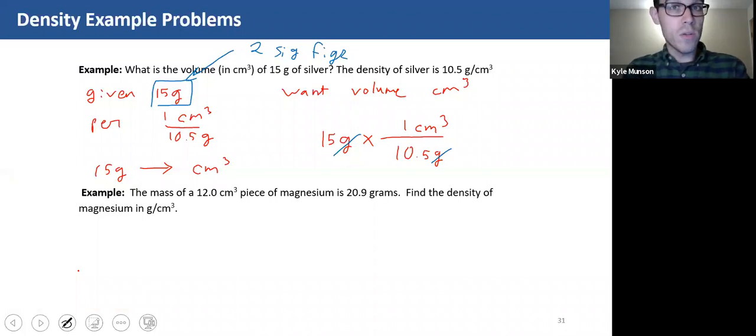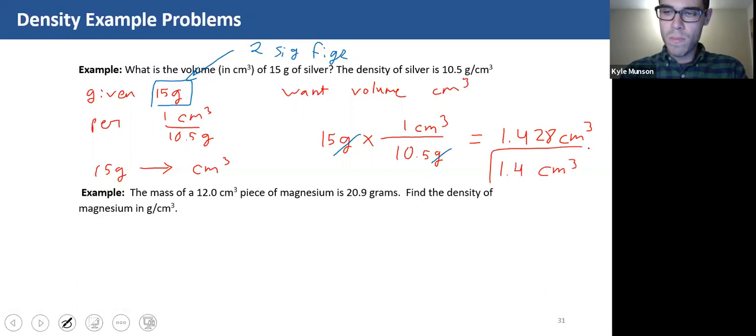So remember, that's a good way to check to see if you did these problems right. So when I do this, I get 1.428 centimeters cubed, okay? However, this doesn't have the proper amount of significant figures, so I need to round it to 1.4 centimeters cubed, okay? 2 sig figs.